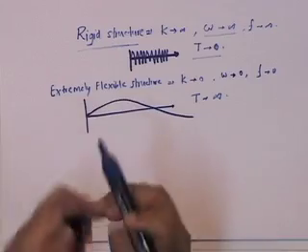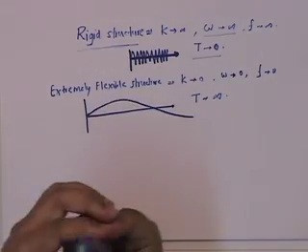If you look at this structure, if it is extremely flexible, it will actually collapse. If it collapses, what it basically means is that it never comes back. So, if I give it an initial displacement, it starts vibrating, and from this point through this point back to this point and back here is one time period.